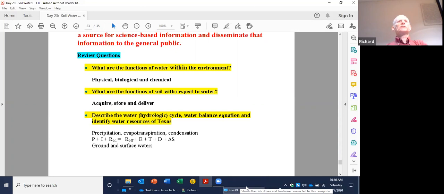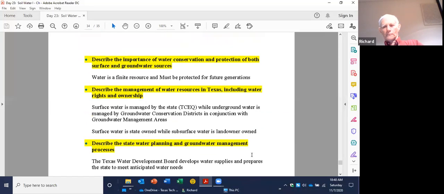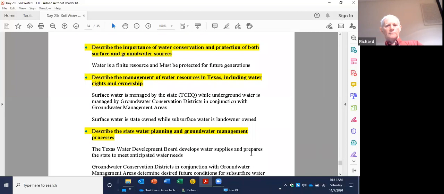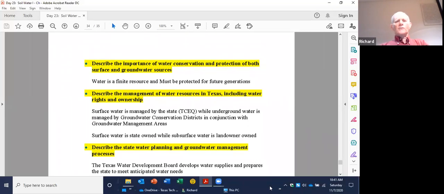The water balance equation: precipitation plus irrigation plus runoff equals runoff plus evaporation, transpiration, deep drainage, and storage, and then ground and surface water. Describe the importance of water conservation, protection of both surface and groundwater.